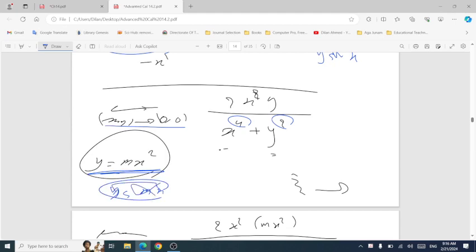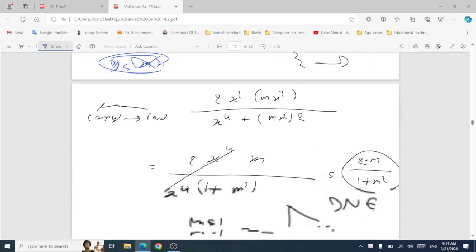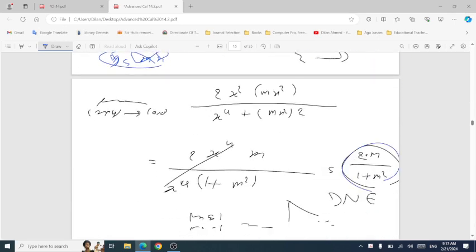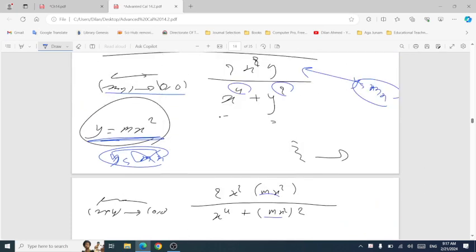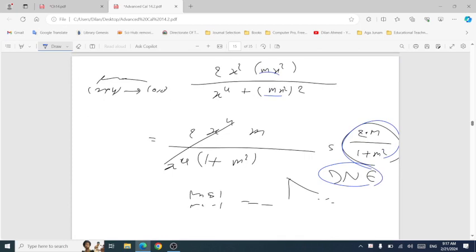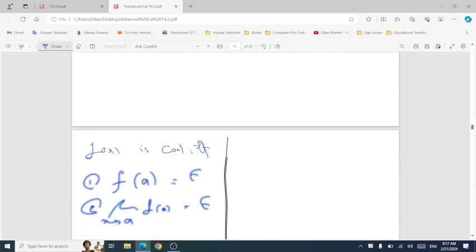So in case you need to see what's going on, use this path, y = mx squared, and you will see there's a problem: x will remain. After substituting y to be mx squared, you will get that the limit does not exist. You'll get something like 2m over 1 plus m squared, which means different m gives a different value.